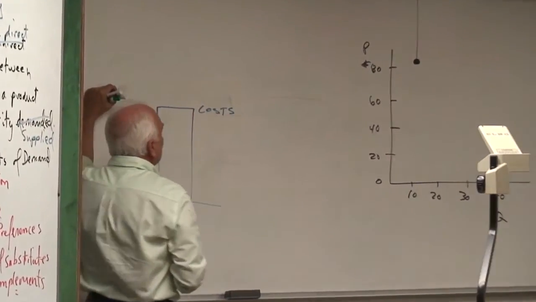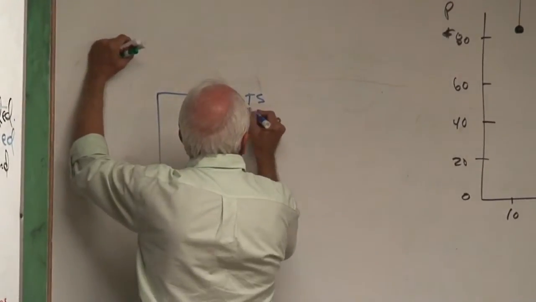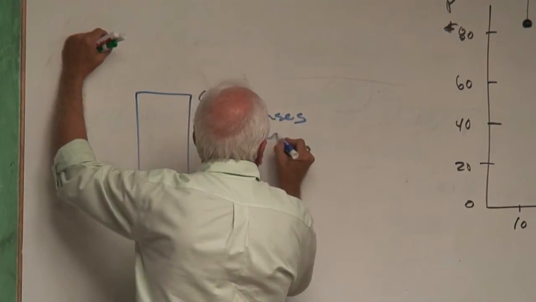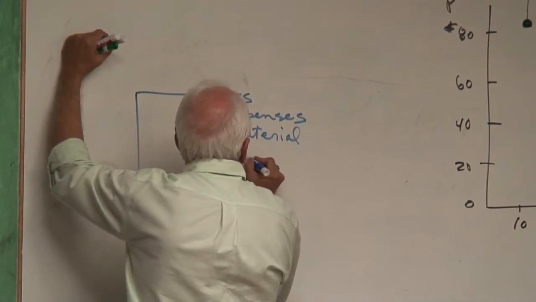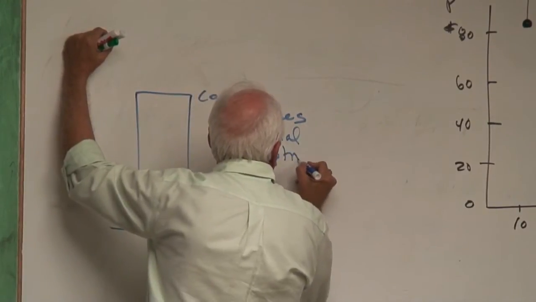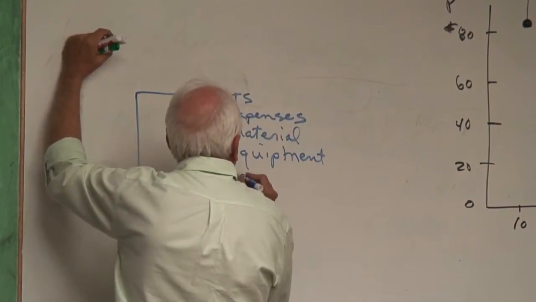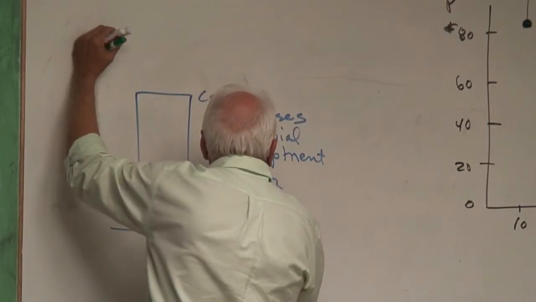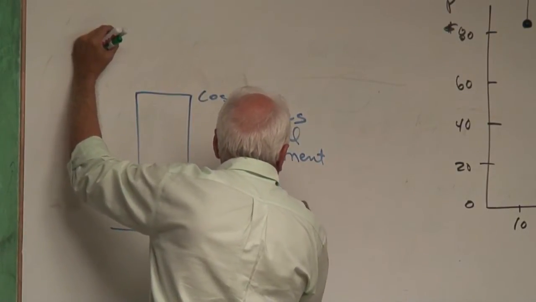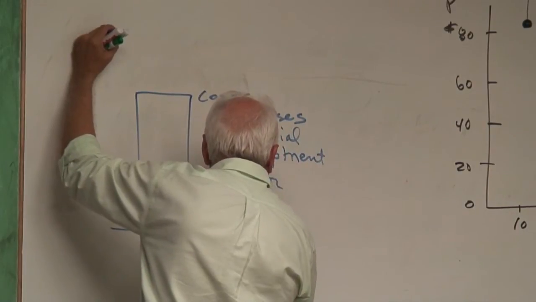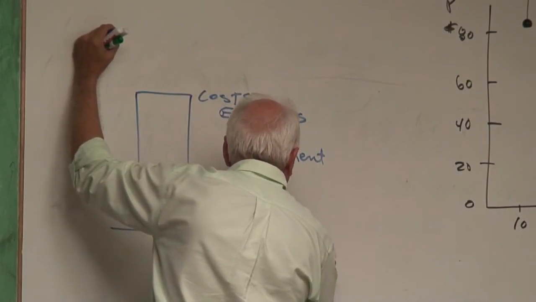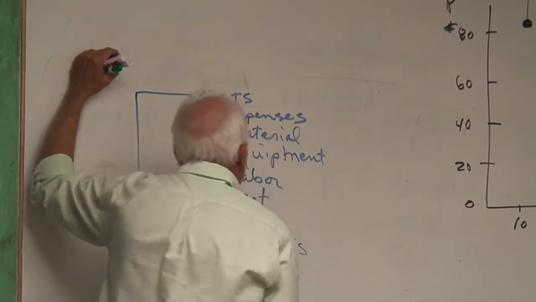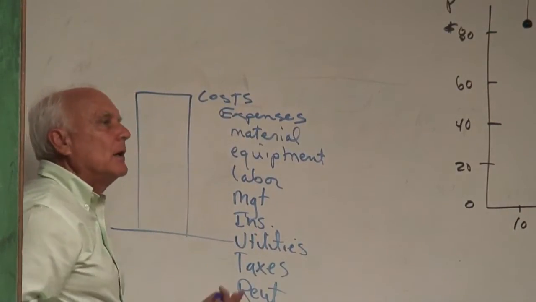If we're talking about the cost of producing Aloha shirts, well, we have a number of things that are expenses, such as the material, the cloth, the equipment, the sewing machines, the labor cost, hiring somebody to put the pieces together, the management cost, the insurance cost, the utilities cost, the taxes, the rent. All kinds of things go into the costs of making an Aloha shirt.